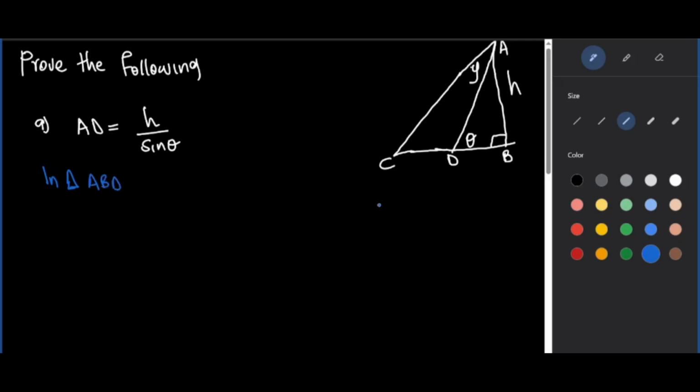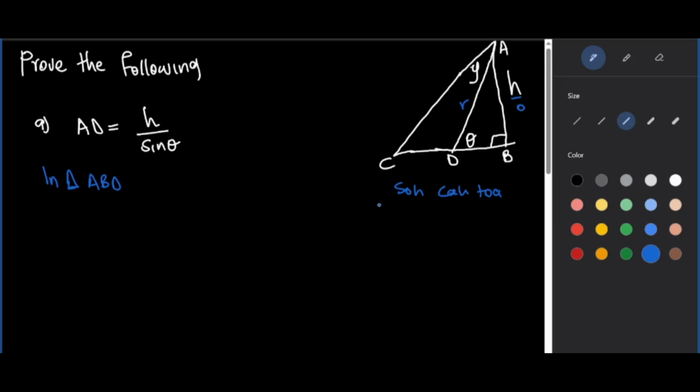In triangle ABD I have h, I need h in my answer, and I need AD. So I have the opposite, and I need the hypotenuse. If we use SOHCAHTOA, which is the best trig ratio to use? O and H, the sine.